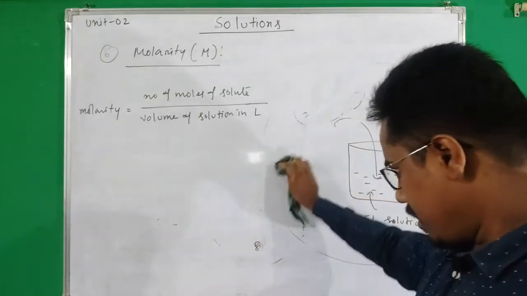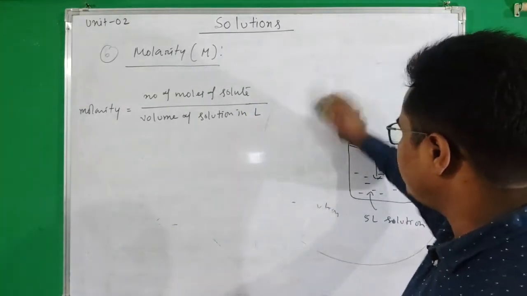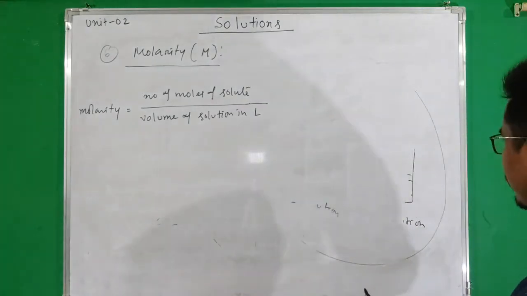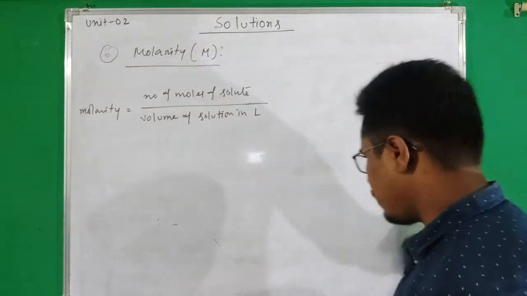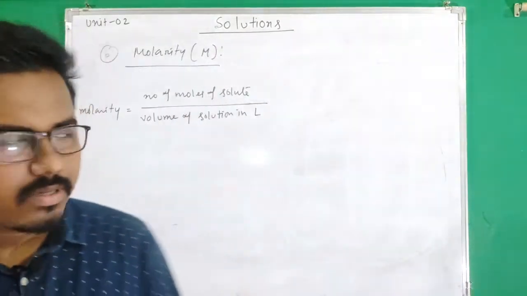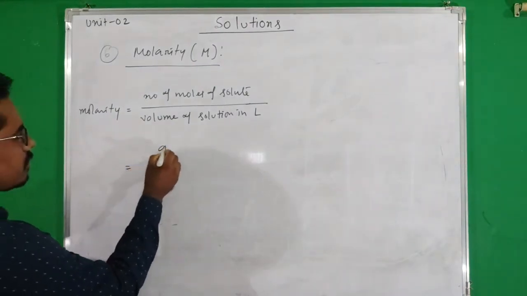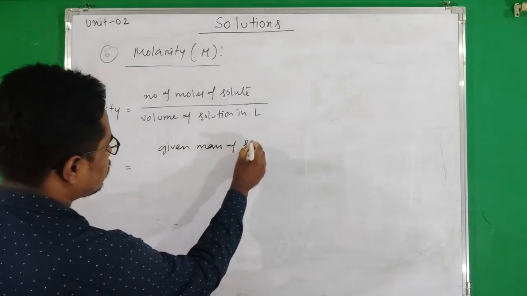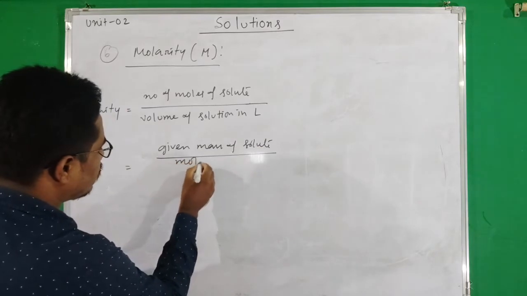In many cases the number of moles of solute is not directly given, so we have to calculate it. You already learned in class 9 that the number of moles of solute equals the given mass of solute divided by the molar mass of solute.